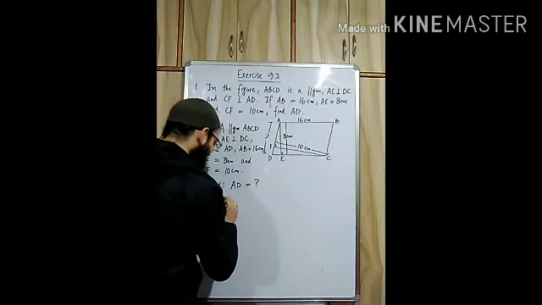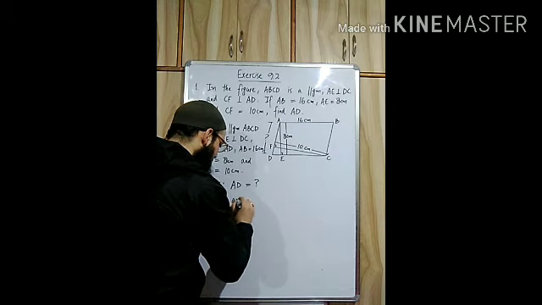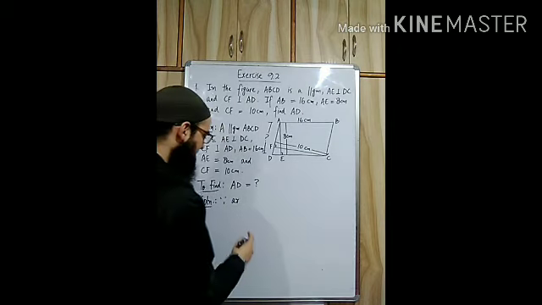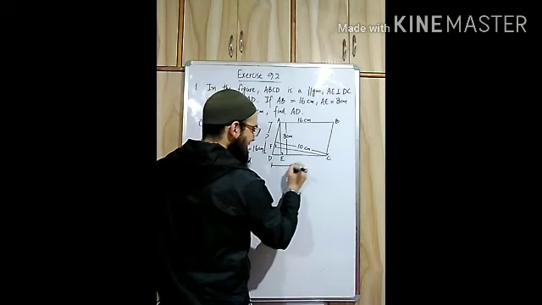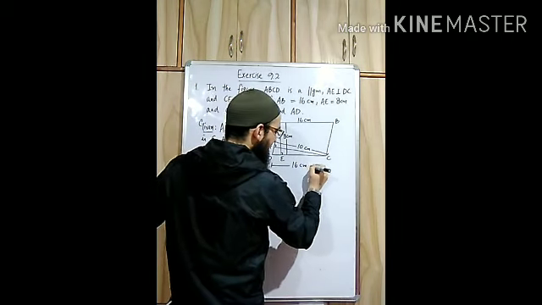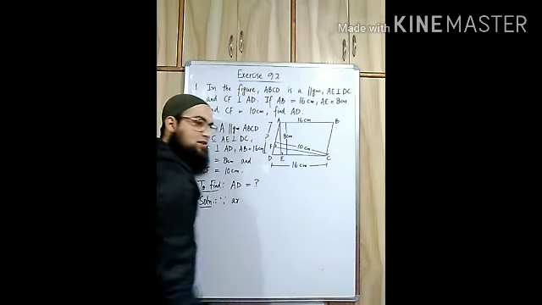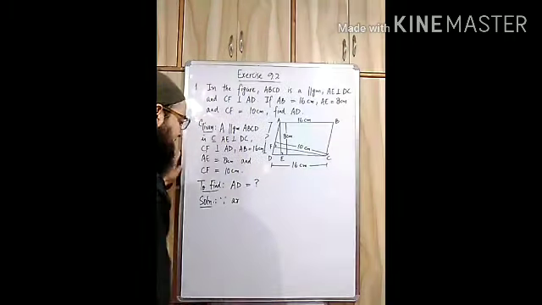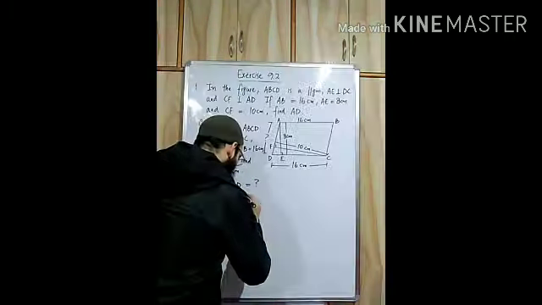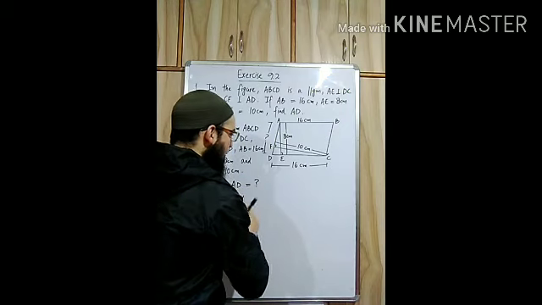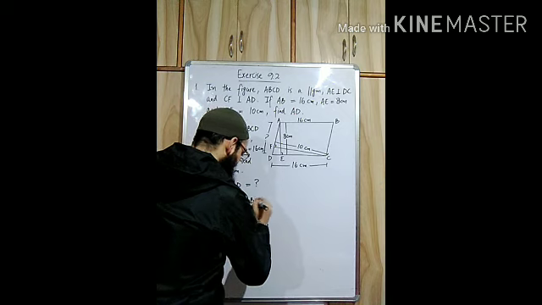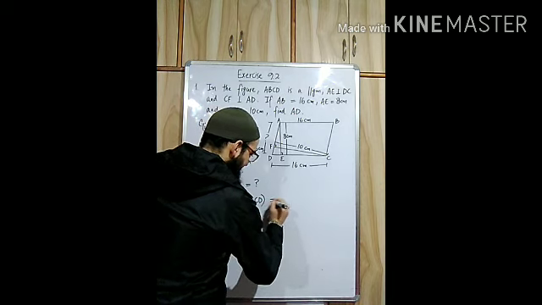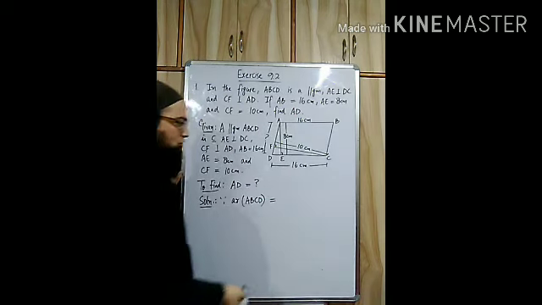Now if AB is 16 centimeter, this is also 16 centimeter, because opposite sides of parallelogram are equal. Since area of parallelogram, area of ABCD is equal to base times corresponding altitude.